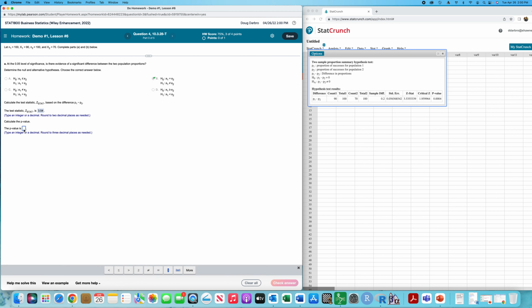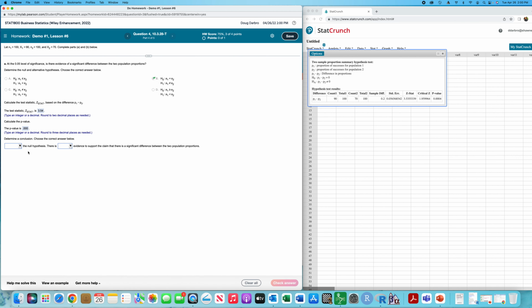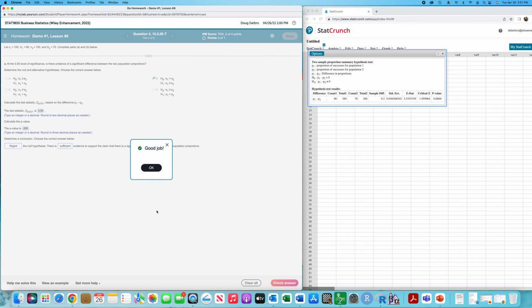The p-value to three places is 0.000. So since our p-value is less than our alpha, 0.05, we're going to reject the null. So there is sufficient evidence to support the claim that there's a significant difference between the two population proportions.